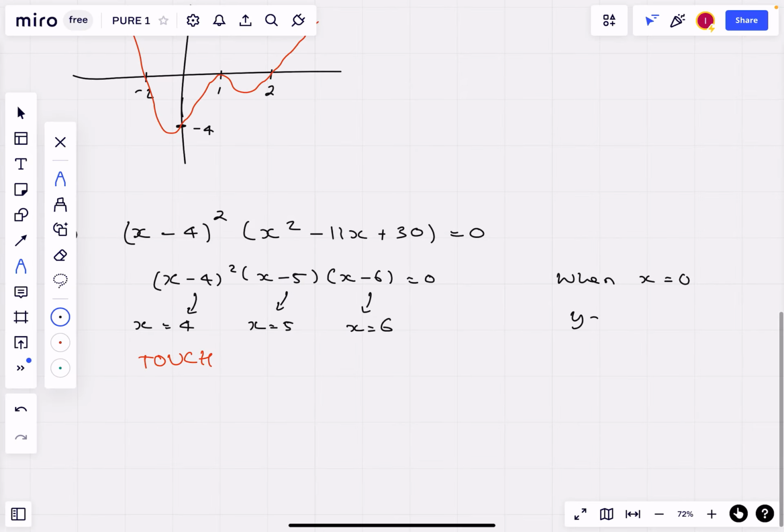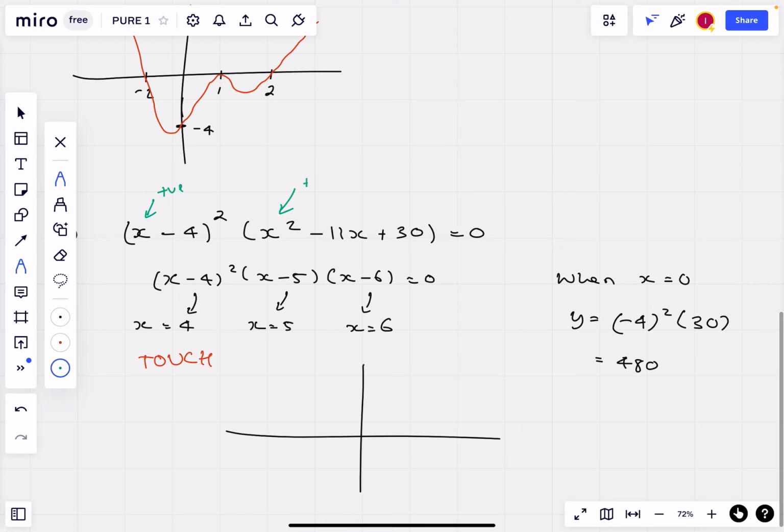When x equals 0, y is going to be minus 4 squared times 30, which gives you 480. Also, this is positive, so we're going to have a W.